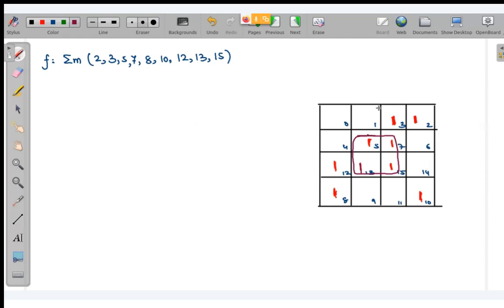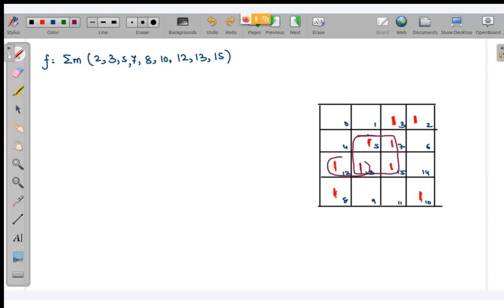Anyone? 5, 15, you are telling. So 5 is over here, and where is 15? How can 5 and 15 be grouped? These cannot be grouped. Okay, so now look, this one has only one option. What is that option?